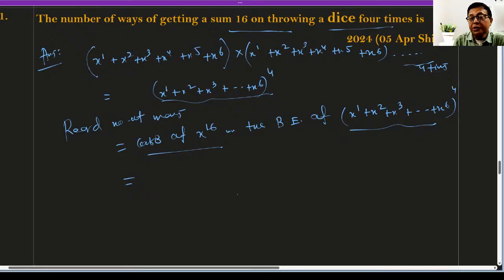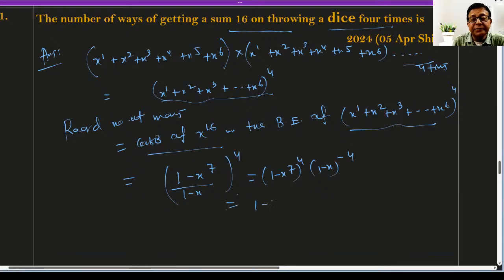Okay? This you write as ((1 minus x to the power 7) by (1 minus x)) to the power 4, clear division is there, isn't it? Expand it.